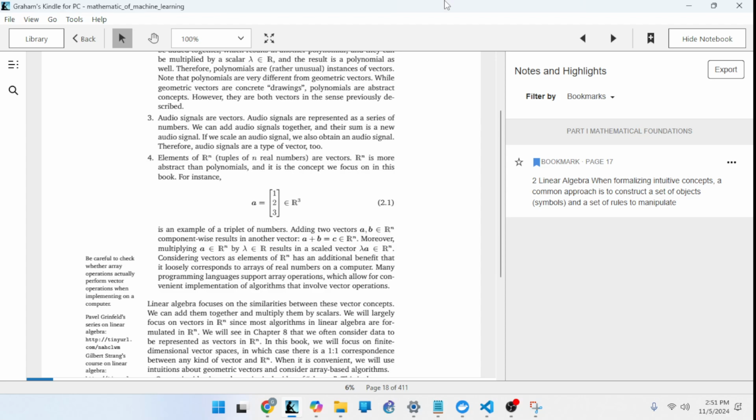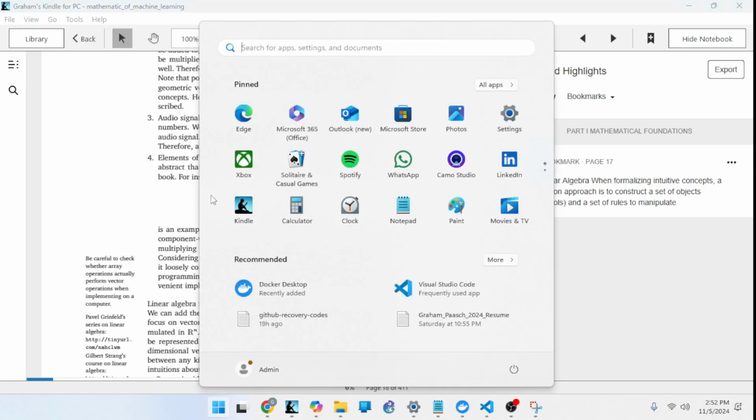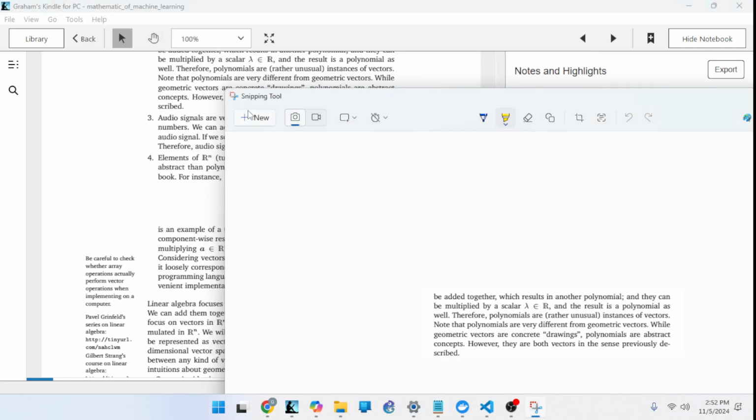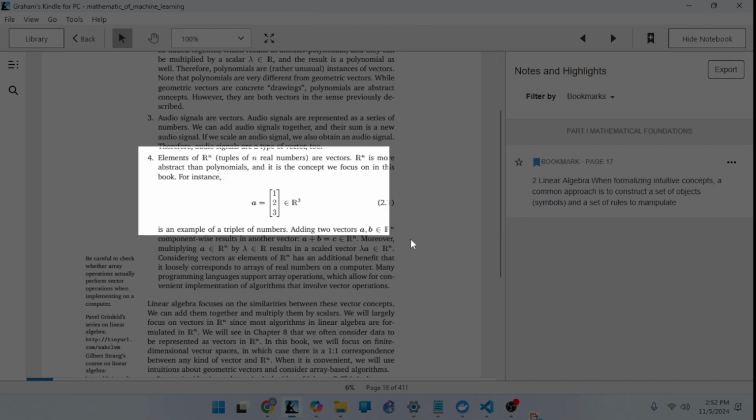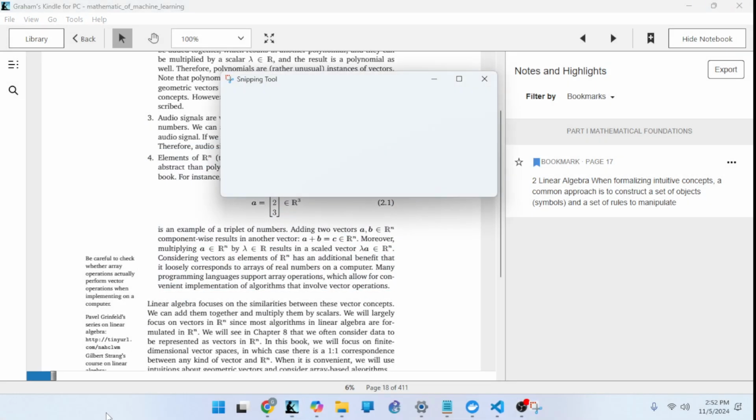Considering vectors as elements of that has an additional benefit that it loosely corresponds to arrays of real numbers in the computer. Many programming languages support array operations, which allow for convenient implementation of algorithms that involve vector operations. All right, and let's get this unpacked.